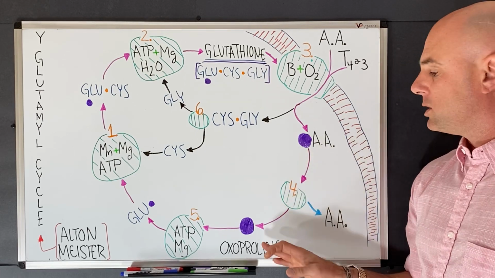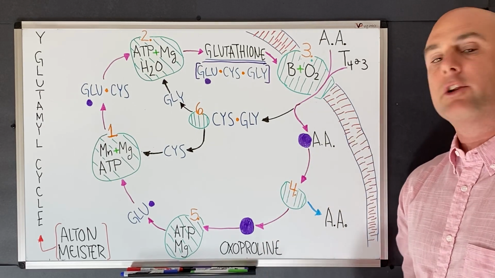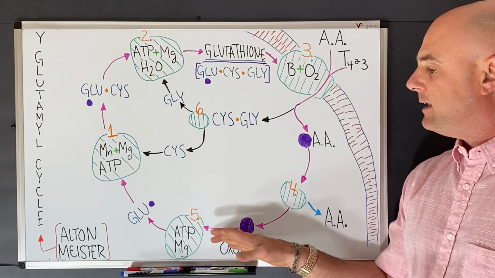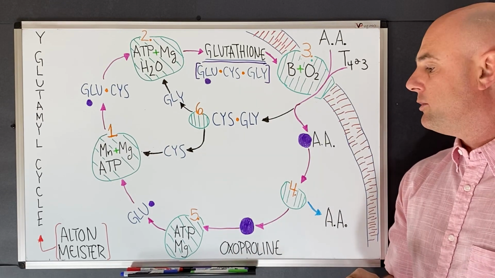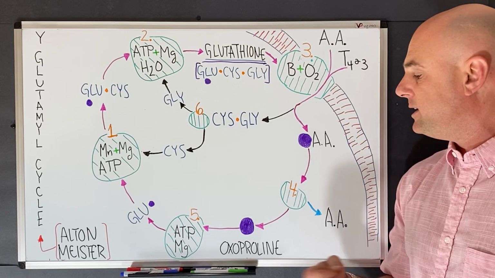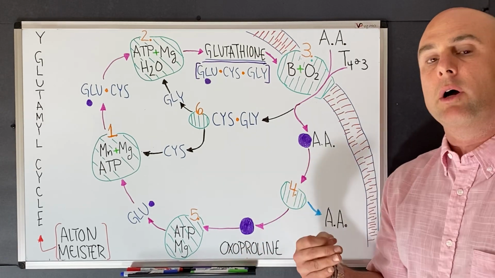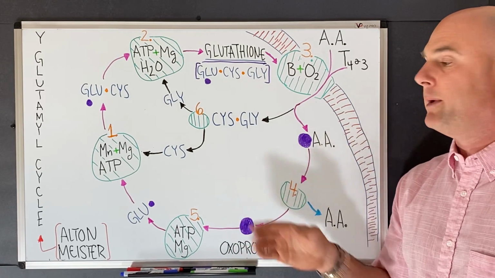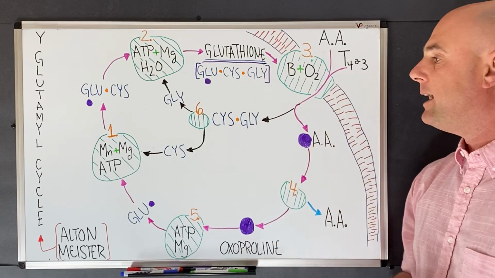Now, at this point, glutamate has become something called oxoproline, and enzyme 5, which requires ATP and magnesium, converts oxoproline back to glutamate to begin this cycle again.